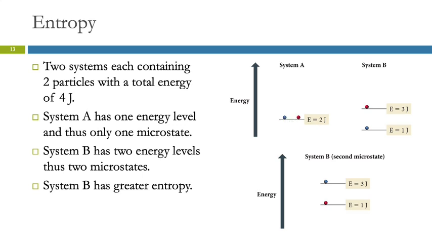But here, there are 2 different possibilities, and so we have 2 different microstates. You could have the red one at 3 joules, or you could have the blue one at 3 joules. It's like, which of the kids gets to ride shotgun?